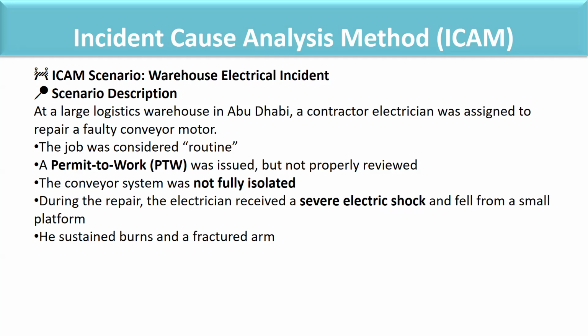The conveyor system was not fully isolated. So it means they have the permit, but they didn't check it properly. During the repair, the electrician received a severe electric shock and fell from a small platform. He sustained burns and a fractured arm.